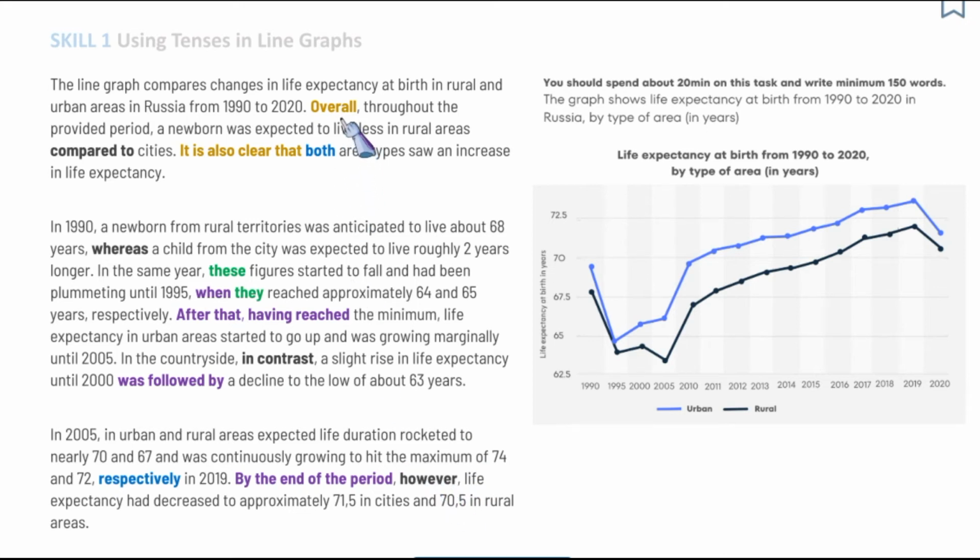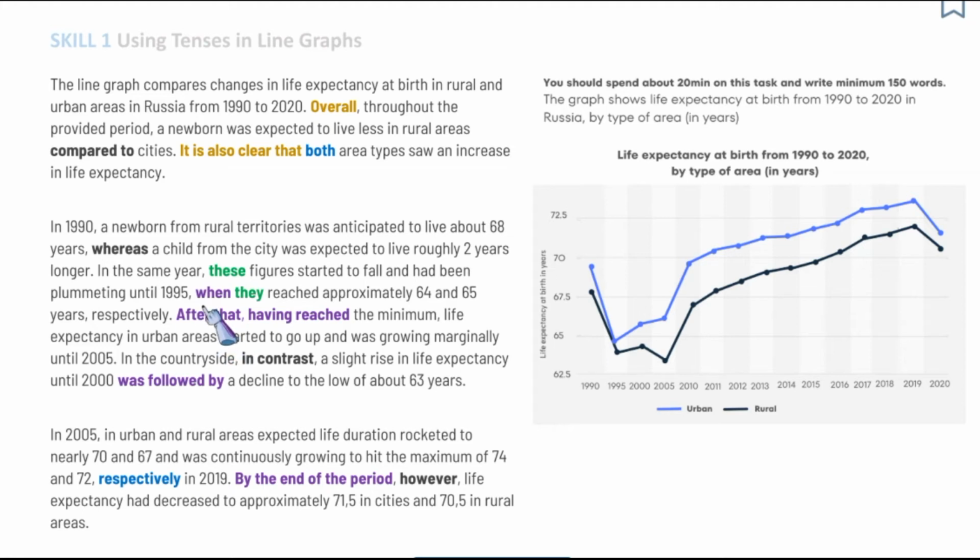Linking devices in brownish color over there, they're just like transition phrases, and sometimes you need them to connect your sentences. The words in purple show the sequencing, so they show what happened when or what happened after what.